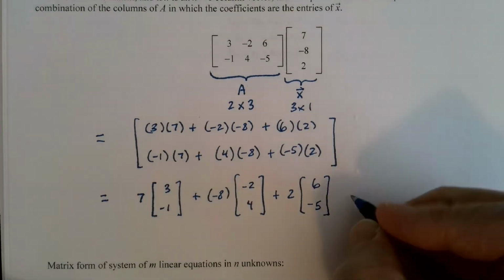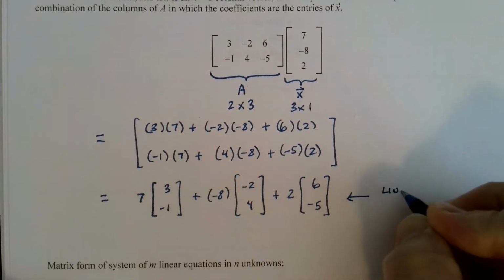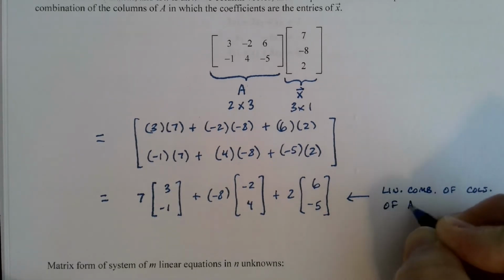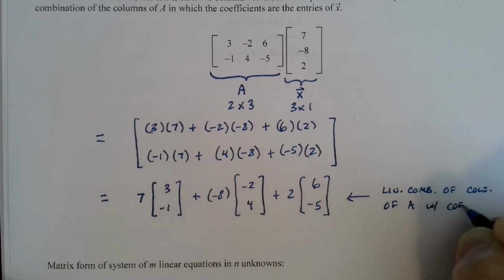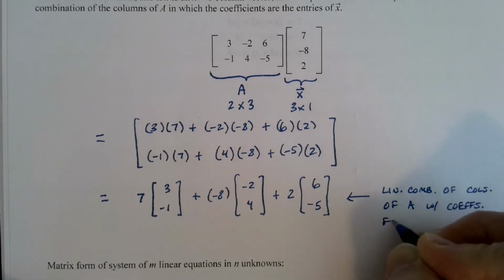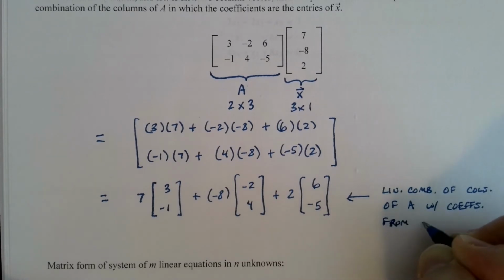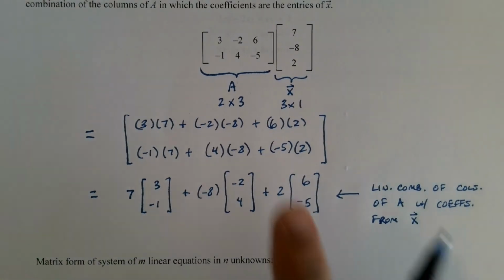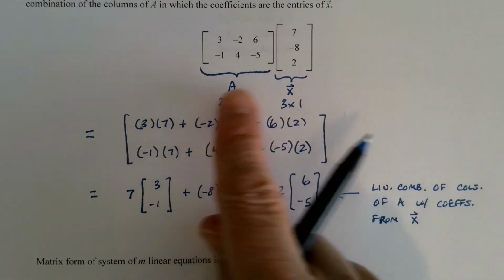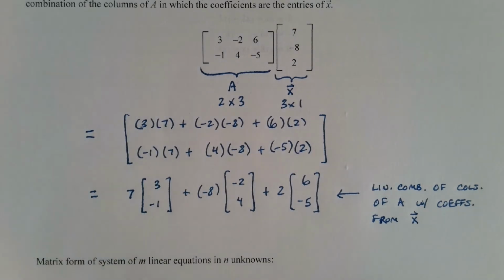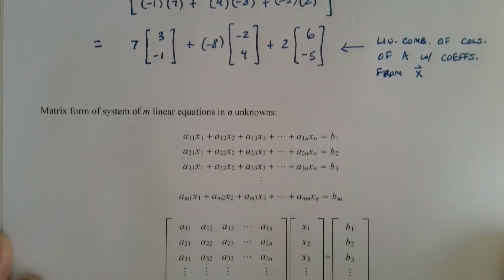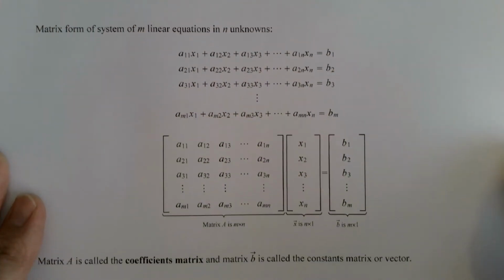So this is a linear combination of the columns of A with coefficients from the vector X. Okay, so there are 2 ways to think about matrix multiplication when I have a matrix times a column vector. We'll return to this again and talk about that some more, but that's the first illustration of that. The last thing is real useful.